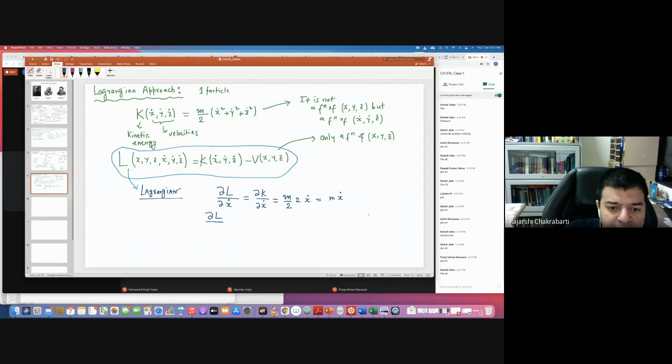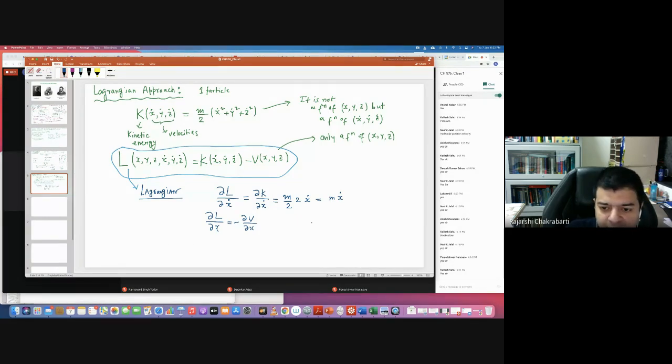Okay, now if I take del L del x, what am I going to get? It will only operate on this minus part, no? del del x. It will be minus del V del x. Is this clear? Okay. Now just look very carefully.